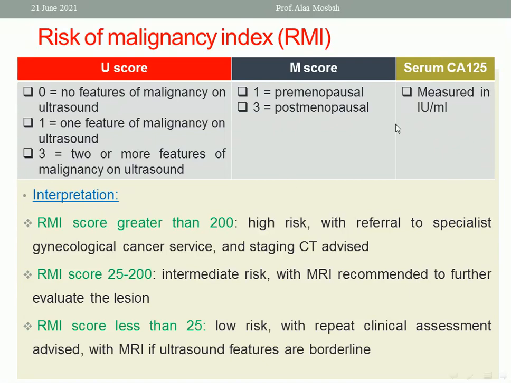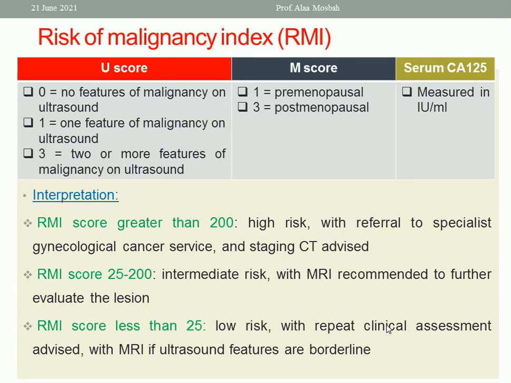Then let us see the results. If the risk of malignancy index score is greater than 200, this patient is at higher risk and should be referred to a gynecologic oncologist and staging CT advised. If the risk of malignancy index is between 25 and 200, this is intermediate risk, and MRI is recommended to further evaluate the lesion.